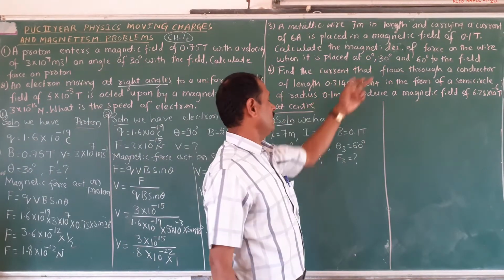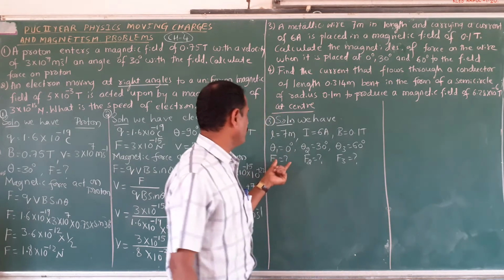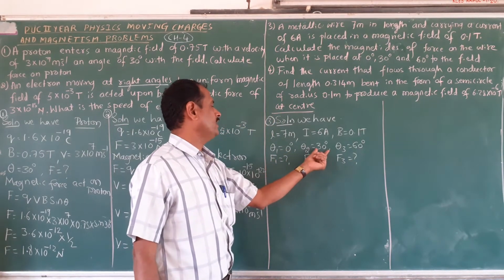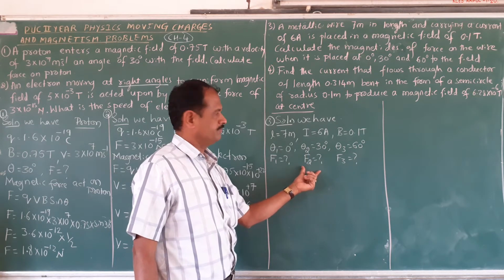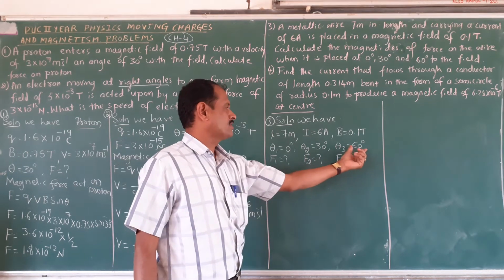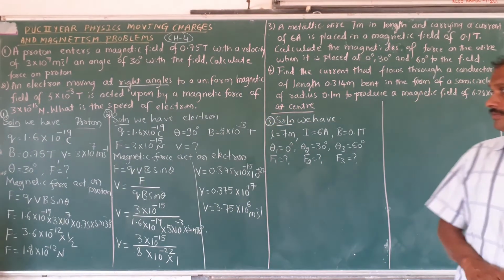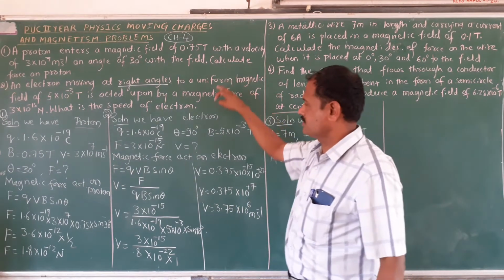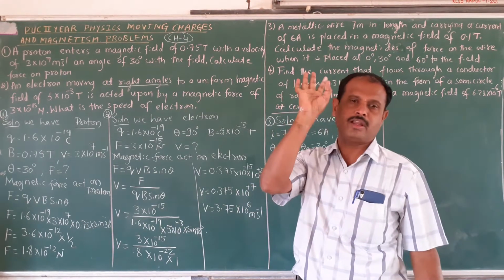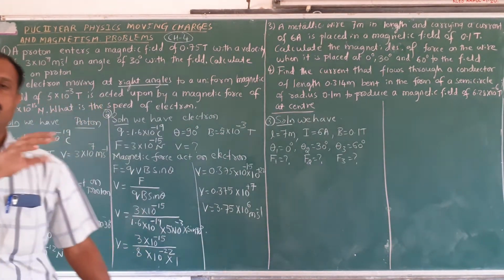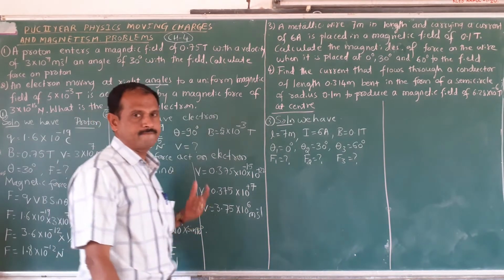For 0 degree, what is the force? For 30 degree, what is the force? And for 60 degree, what is the force? In these two problems, based on only one simple formula, F is equal to QVB sin theta.